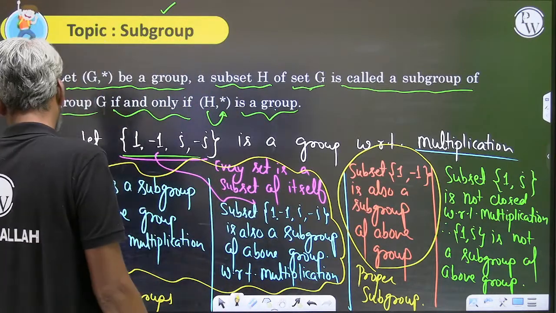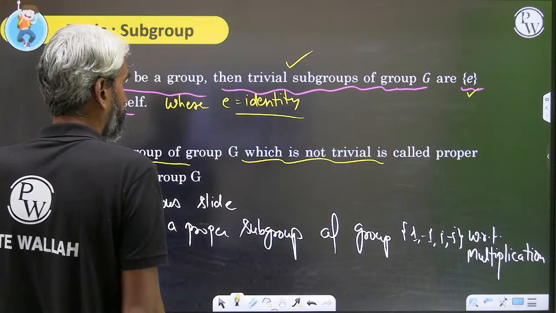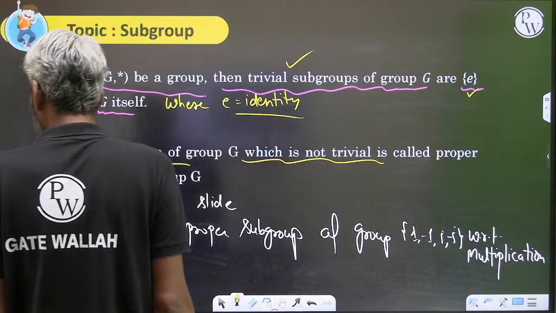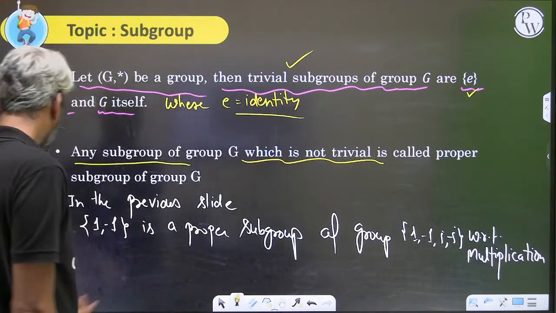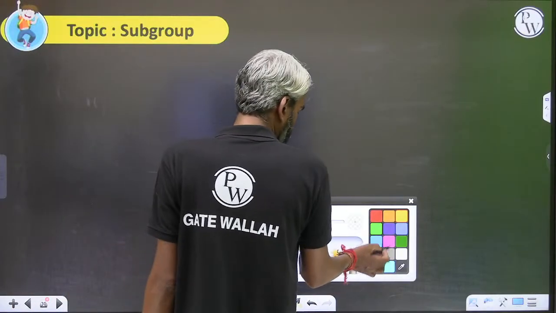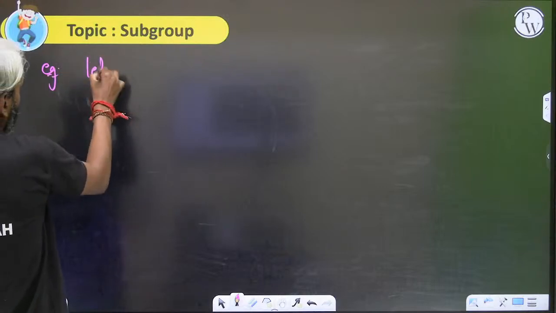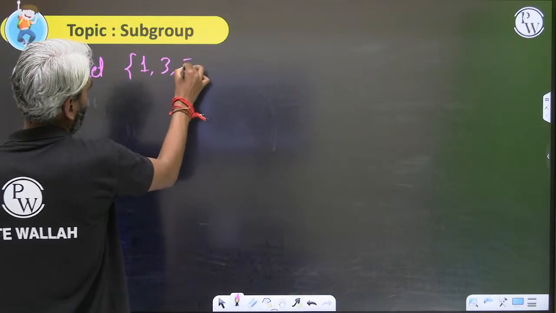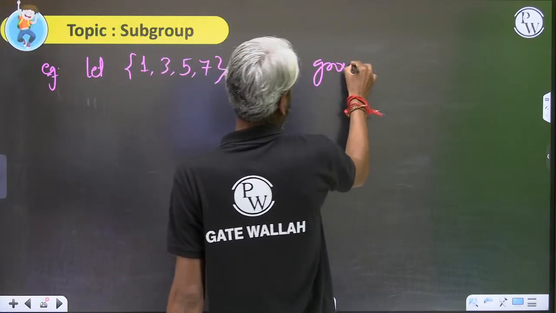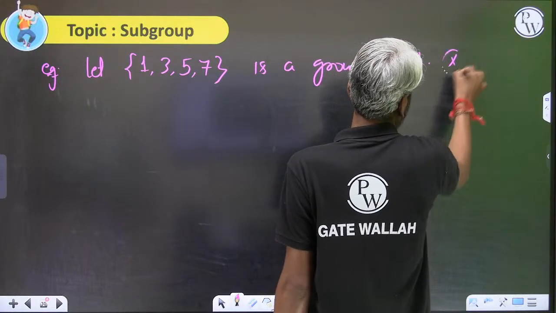Let's try to understand some more examples. Let {1, 3, 5, 7}. We have already seen that this {1, 3, 5, 7} is a group with respect to multiplication modulo 8.